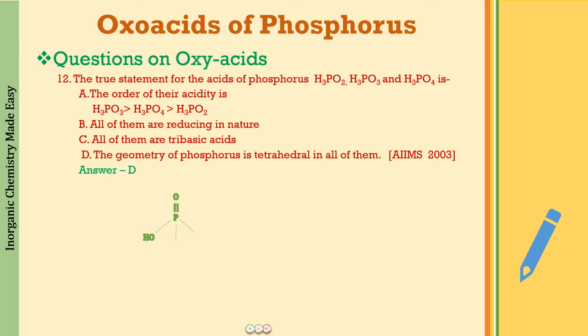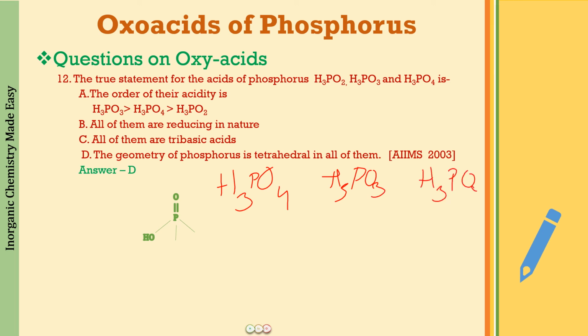But if you have to tell the acidity of these oxo acids, you can just reverse the order of the basicity of these acids. So if the order of the basicity, which is equal to the number of OH groups, is H3PO4 greater than H3PO3 greater than H3PO2.